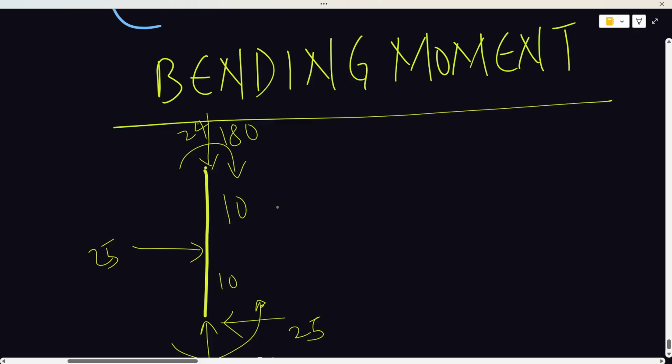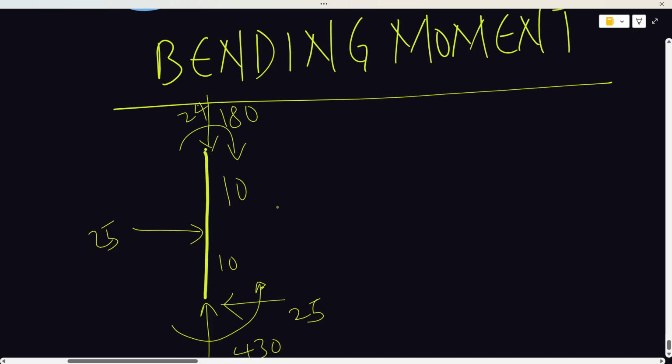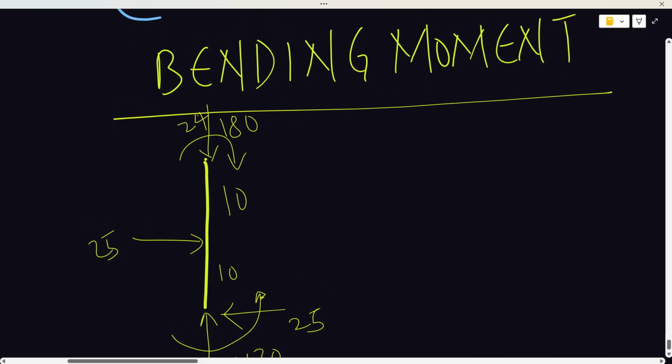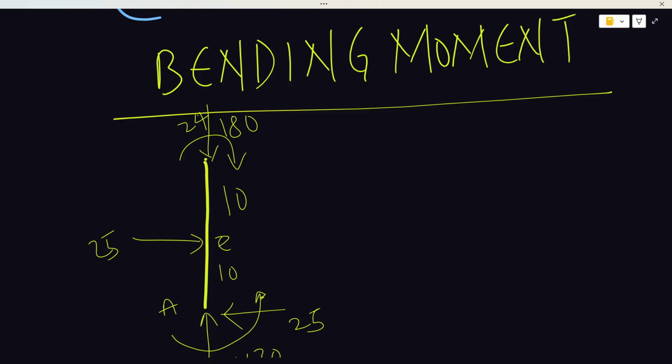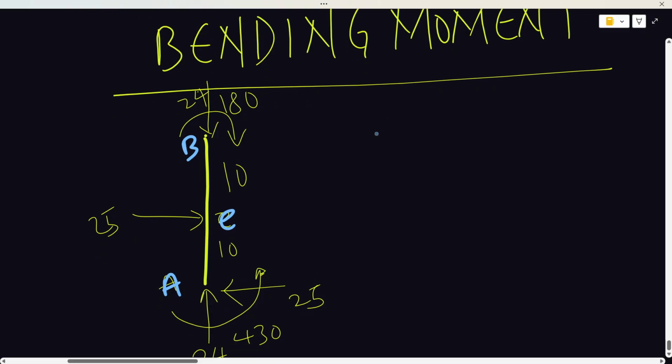So for moments, it's still the same thing. We just have to find the moment at various critical points: A, B, E. It's still the same thing.